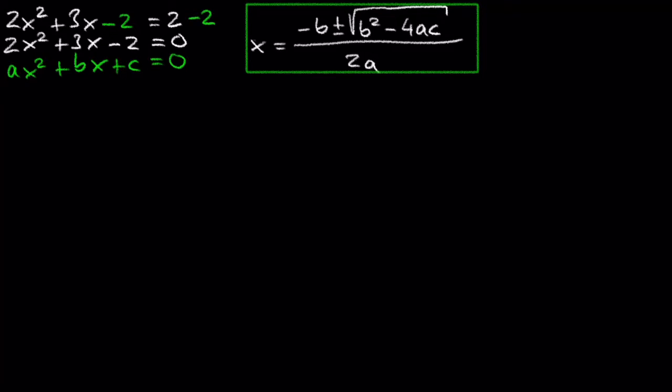So after subtracting 2 on each side, we get 2x squared plus 3x minus 2 equals 0. Now we have exactly the same form it should be to apply our quadratic formula.